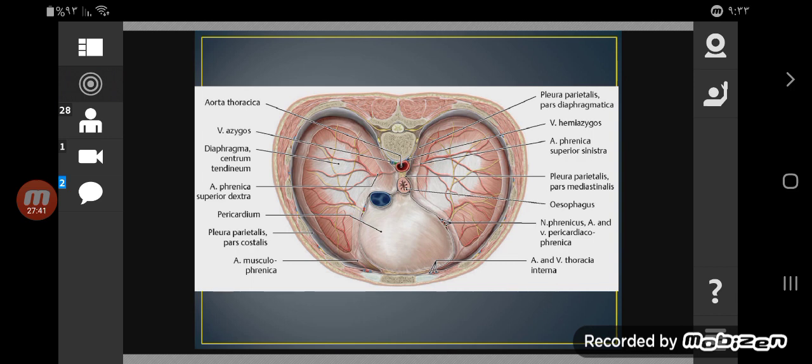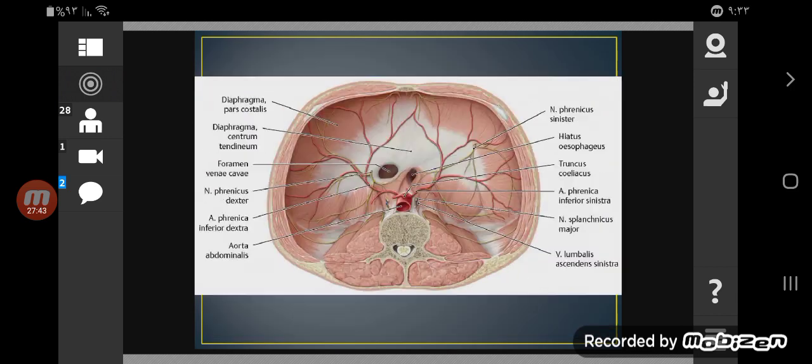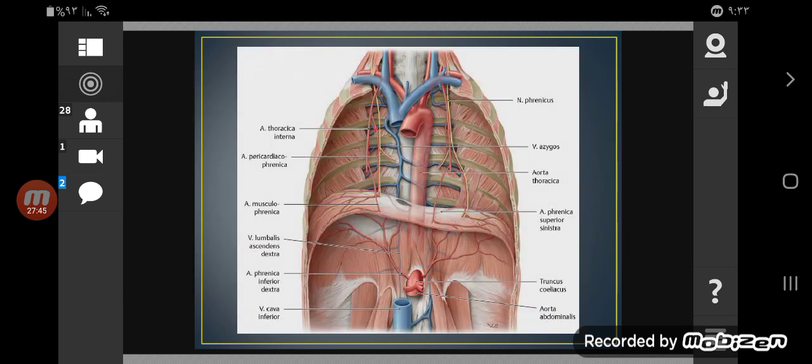The diaphragm receives arterial supply from this artery, a branch of the internal thoracic artery. This is the internal thoracic artery on each side. The internal thoracic artery gives off the pericardiacophrenic artery, which travels along with the phrenic nerve and reaches the diaphragm.